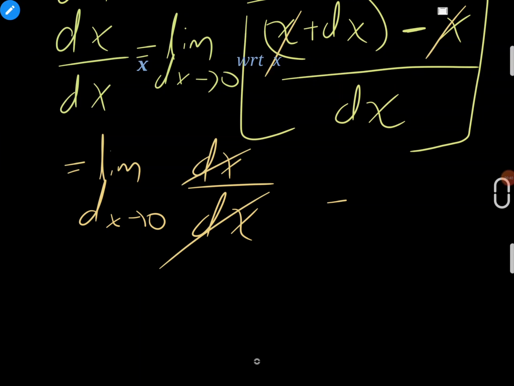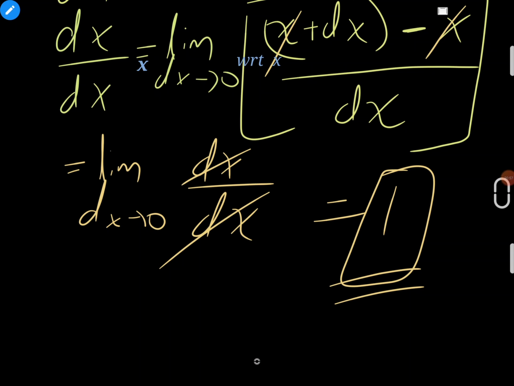So what do you get? 1. So you see that you got a constant value as the answer. That is exactly what is on the graph. You saw that in the graph the slope was not changing. That means it's a constant, and that is the exact value you got. Okay, let it be there for now.